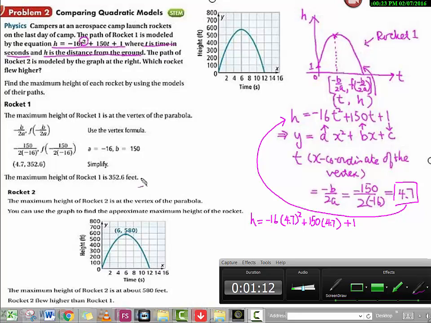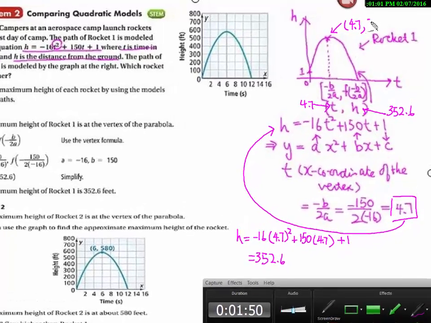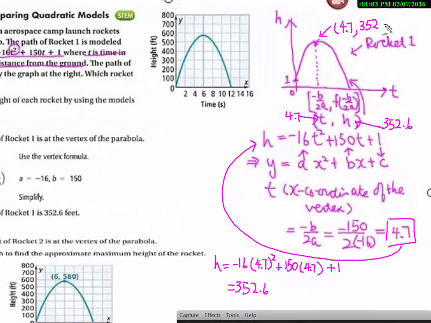And if you do a little bit of arithmetic, h is equal to 352.6. Right now we know h is 352.6 and t is 4.7. So the vertex here is 4.7 and 352.6.